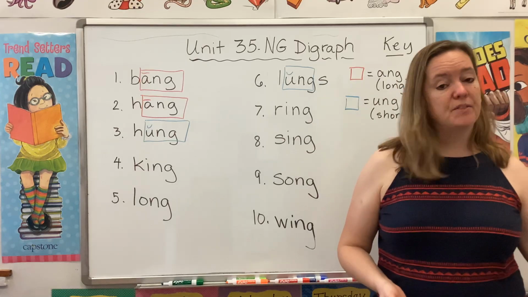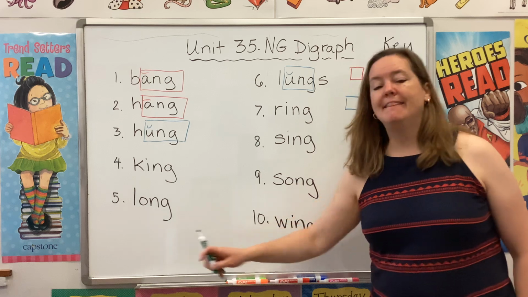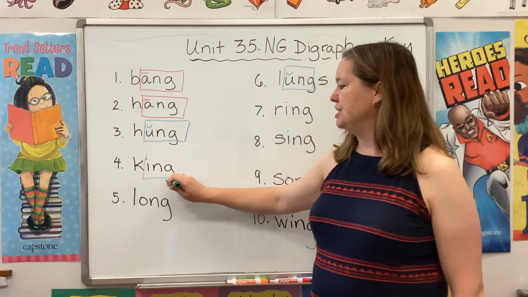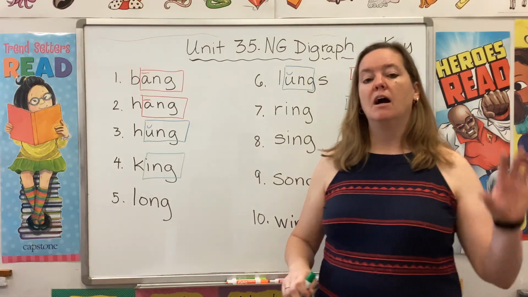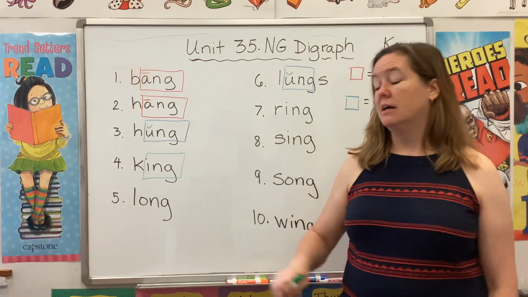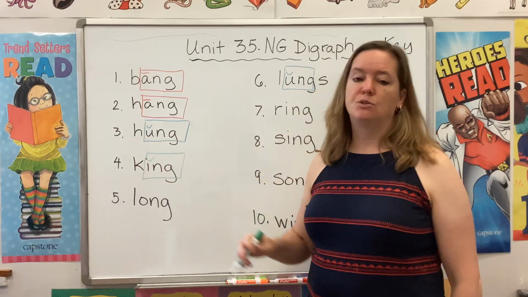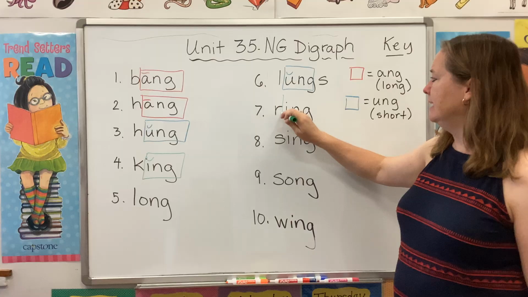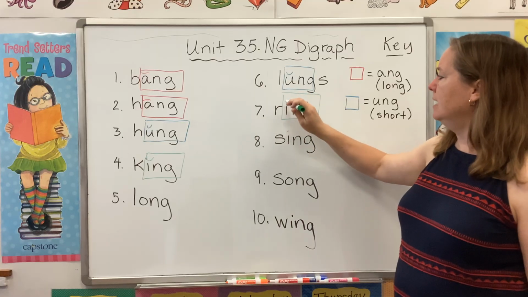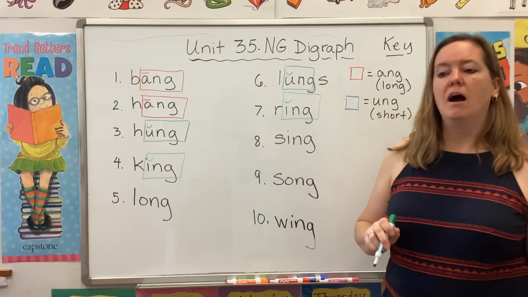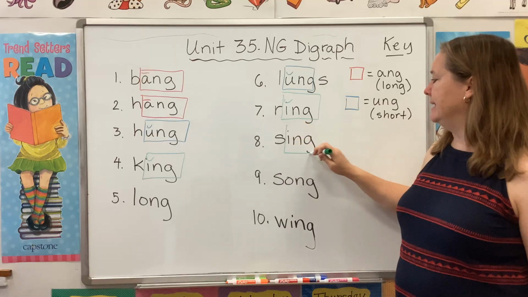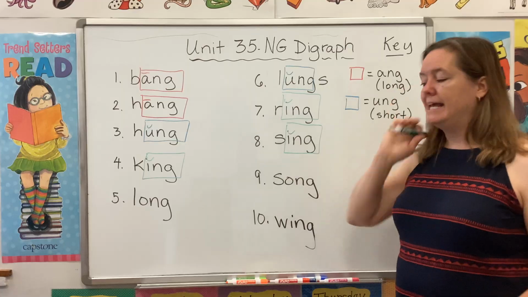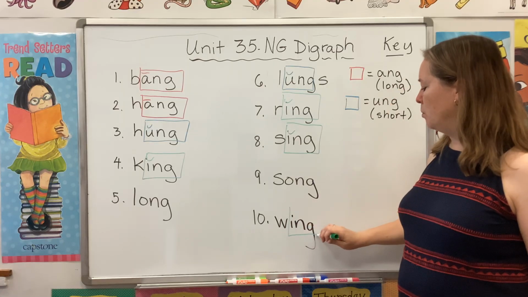Okay, choose a third color. And this time, let's look at the I. We see it before NG in the word king. Notice the I is going to be short here. We see that chunk again in ring, sing, and wing.